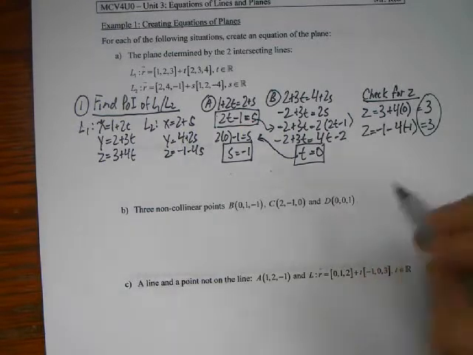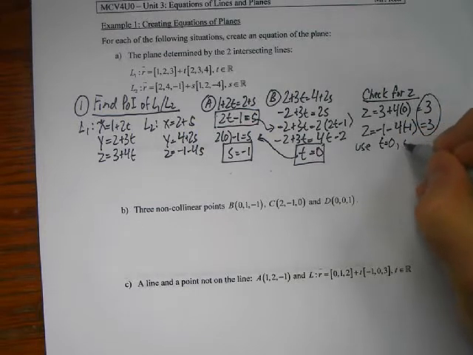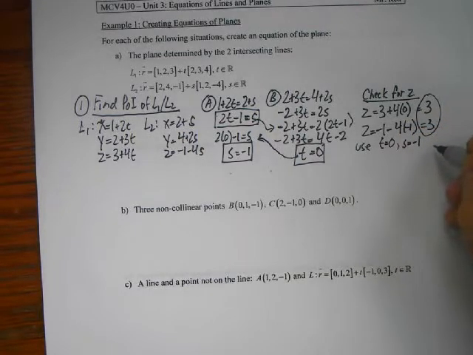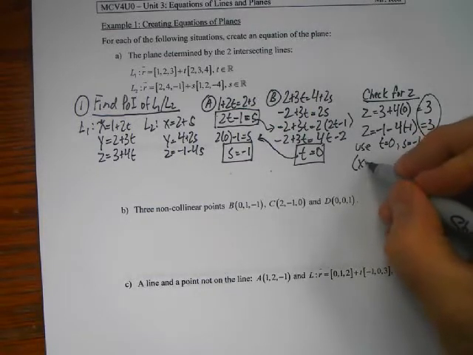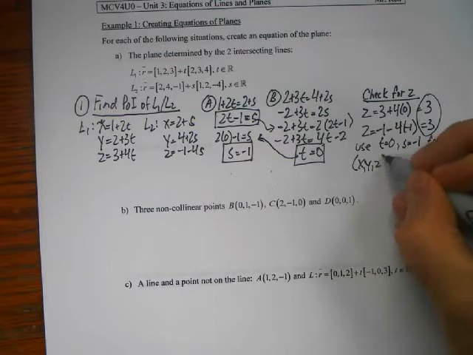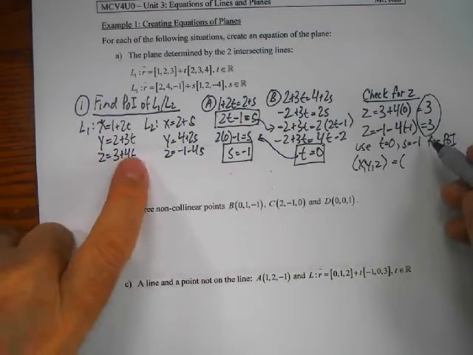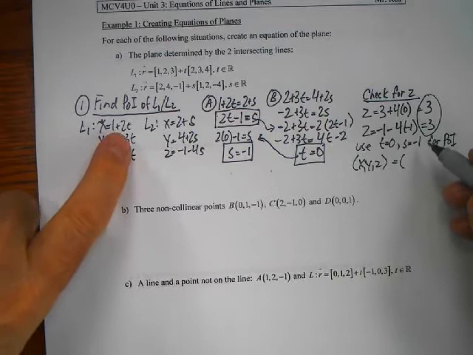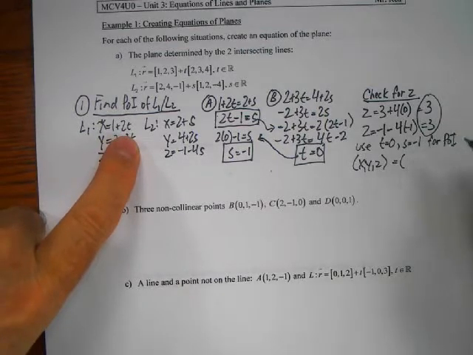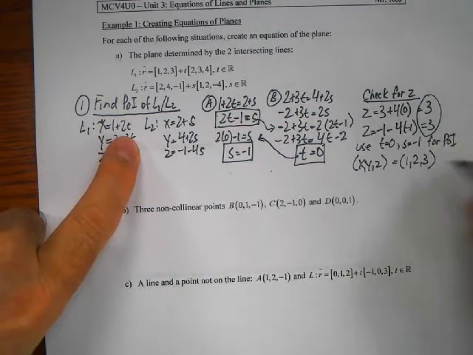So I'm going to use t equals 0, s equals -1 for the POI. And if I plug the s and the t in, you'll see that we get 1, 2, 3 as our point of intersection.